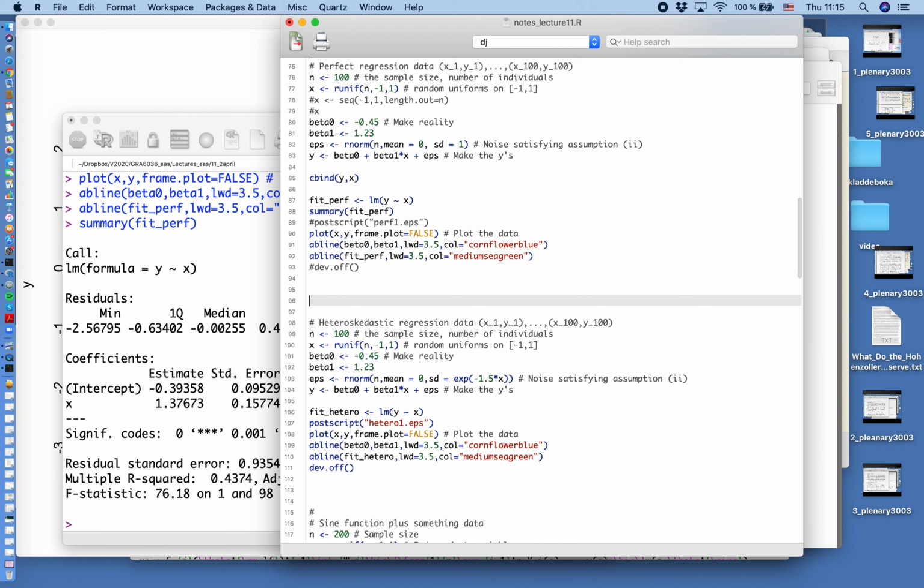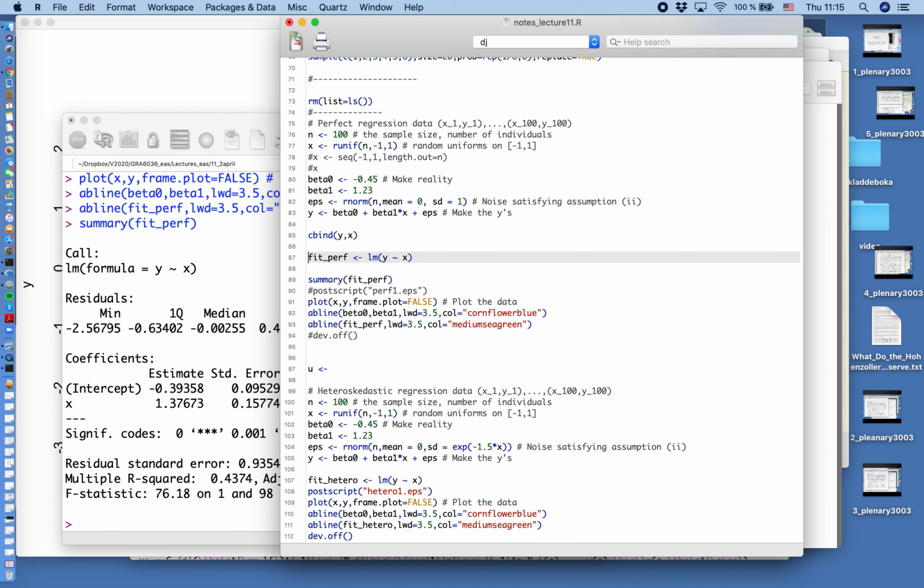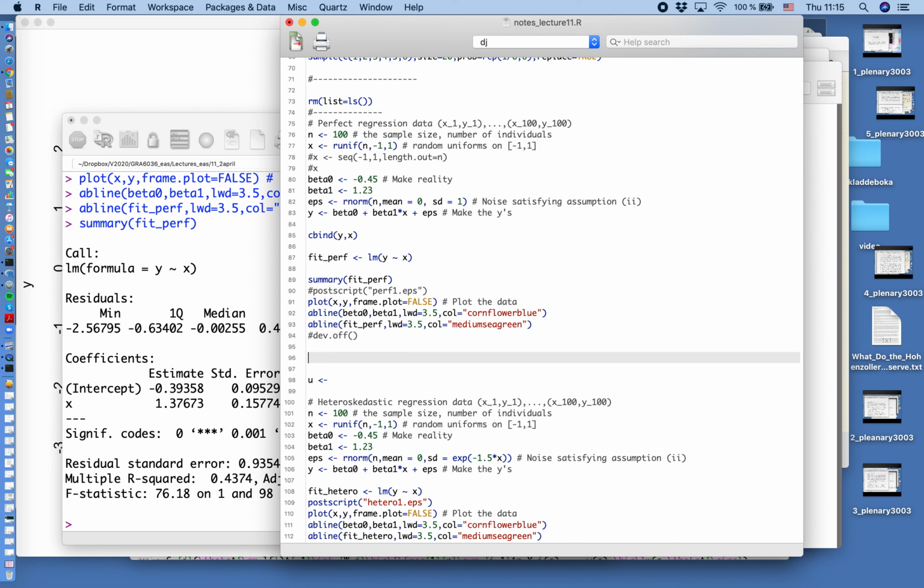Okay, so let's say something about residuals. One tool that we use to assess whether or not our model for the data is a good model is by looking at plots of the residuals. And here we fitted what we know is the perfect model. So let's look at what the residuals should look like in a case that is perfect.